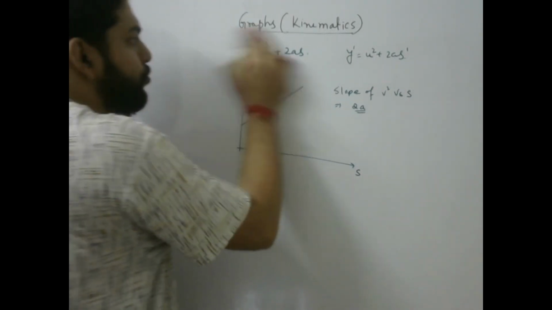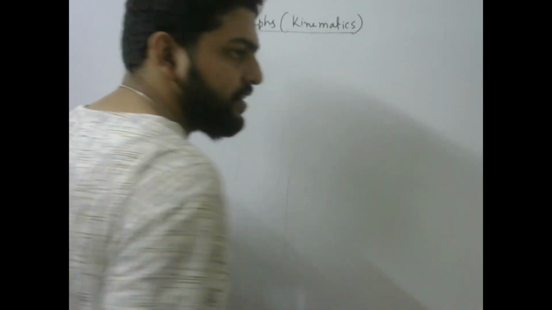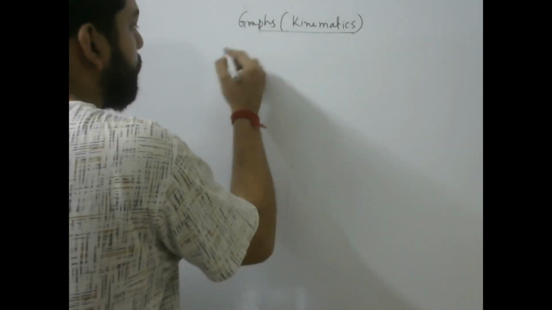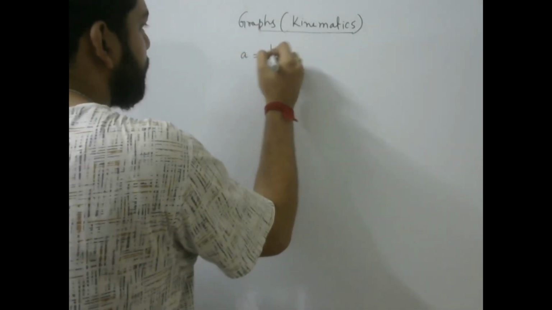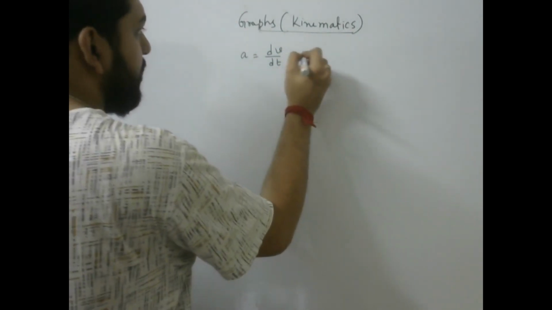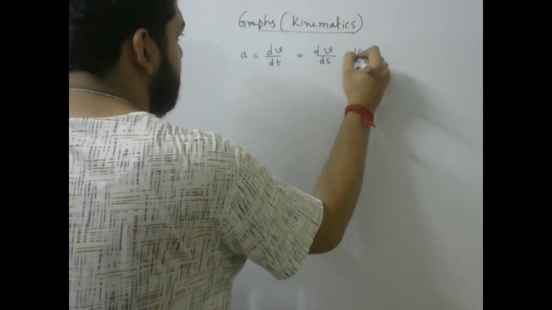In general, those who are in class 11 may not deal only with uniformly accelerated motion; they may deal with other kinds of motion. We know that acceleration is equal to dv/dt. By the chain rule, that is dv/ds into ds/dt.